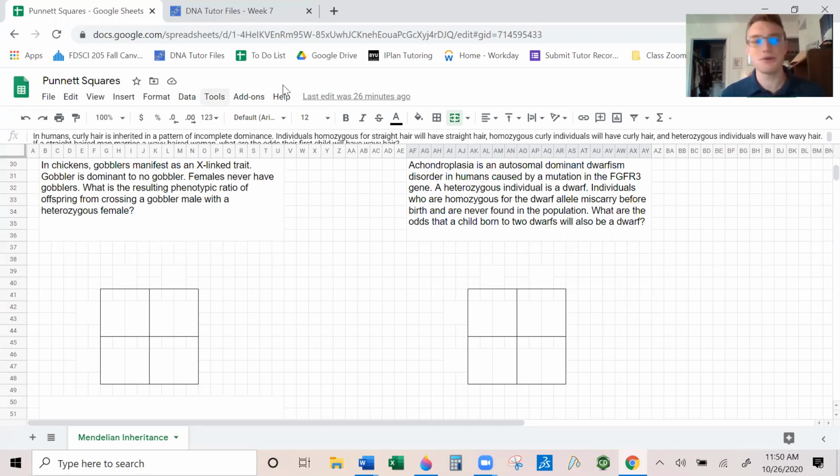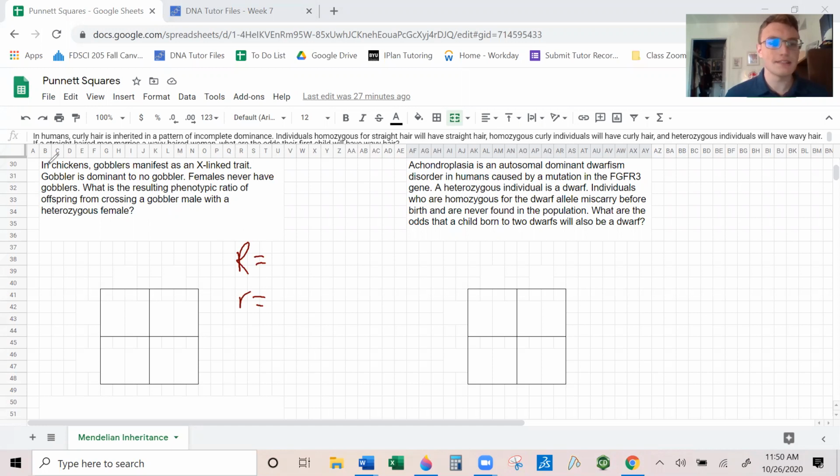Remember, those first two were autosomal problems. Now we're on X-linked, so you can't forget our X-linked stuff from last week. So we have to determine what is our dominant allele and what is our recessive allele. In this case, it's not incomplete or codominance, so we're back to having one allele that's more powerful than the other one.